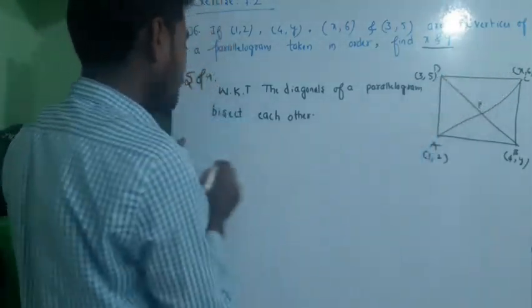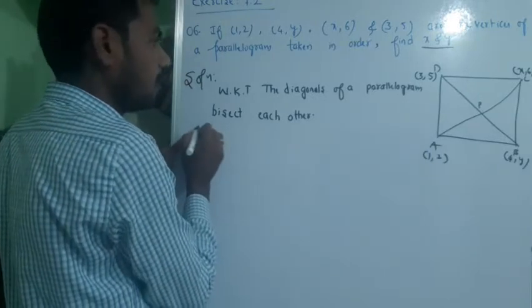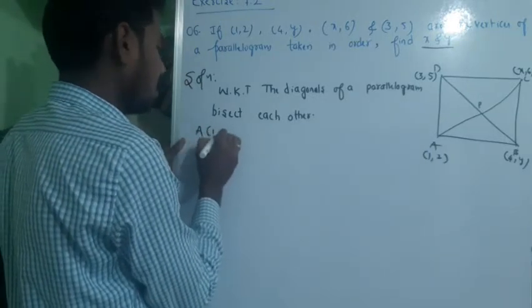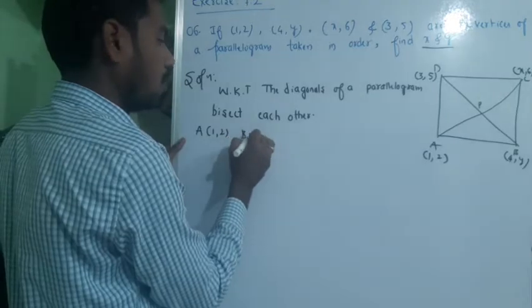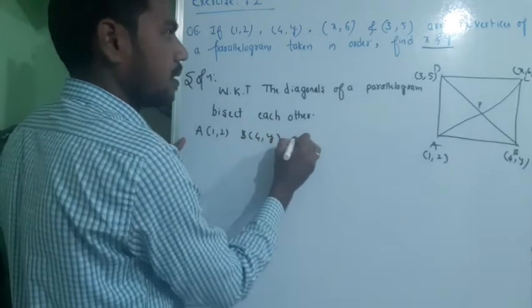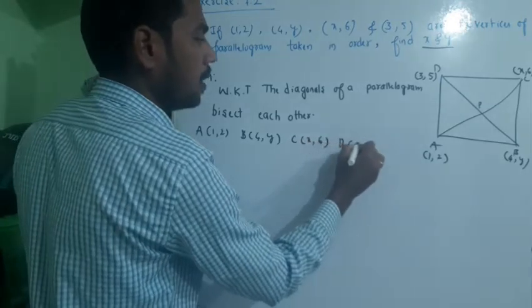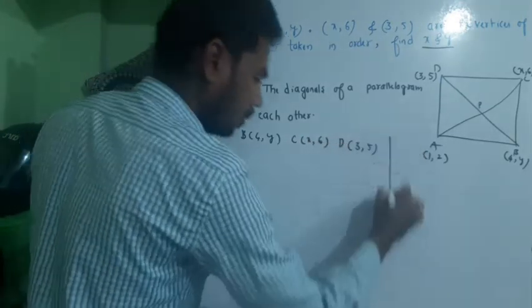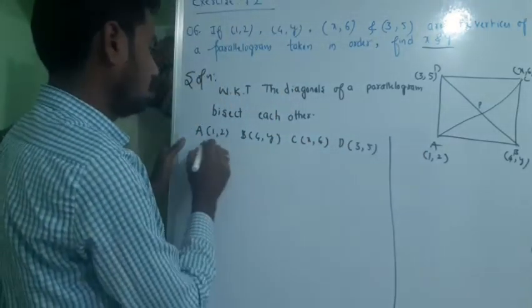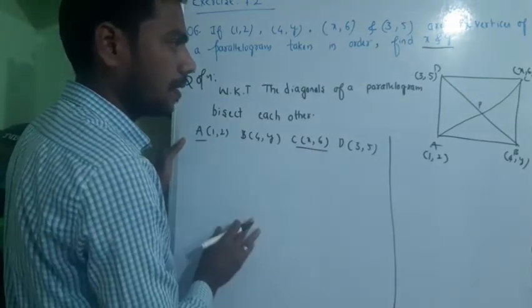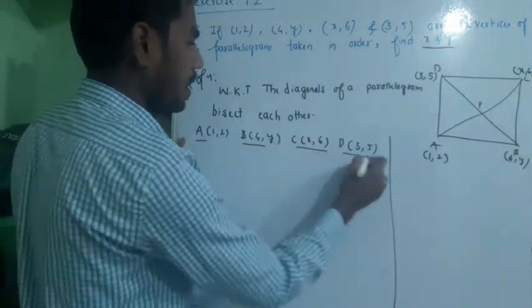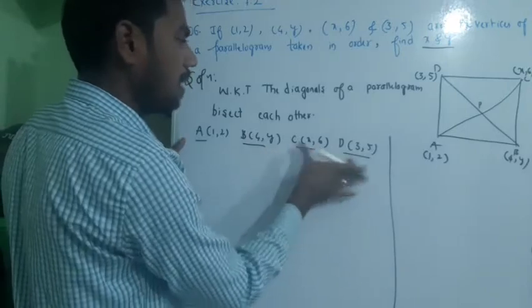AP, PC means we will write down the points. A (1, 2), B (4, y), C (x, 6), D (3, 5). Now AC is one diagonal, BD is the other diagonal.